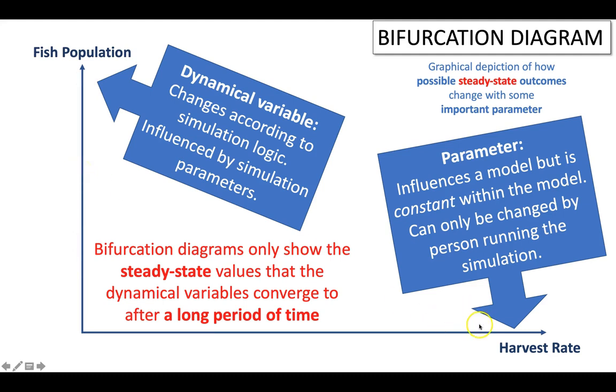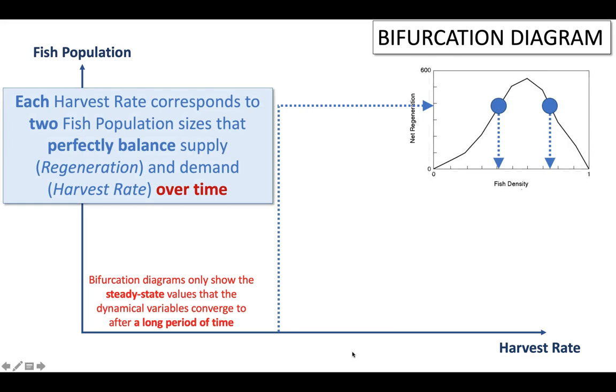So, using this fisheries model, I've got harvest rate as my parameter, and I've got fish population as my dynamical variable. I'm interested in the relationship between the steady state fish population and each individual value that I could set for a harvest rate. So how do I generate this thing?